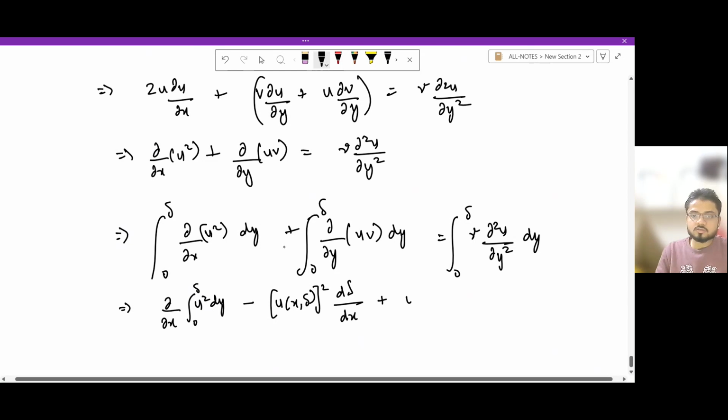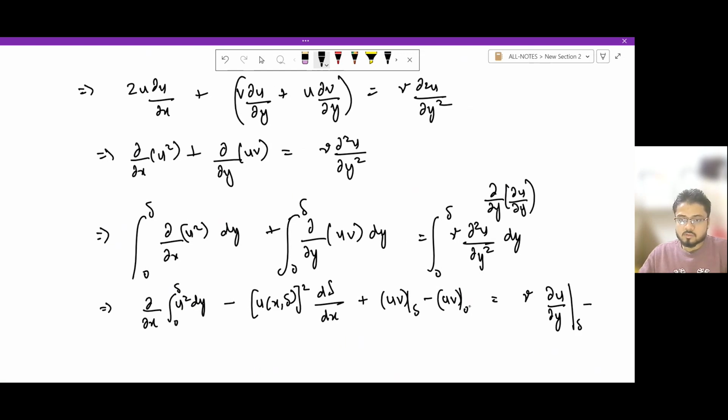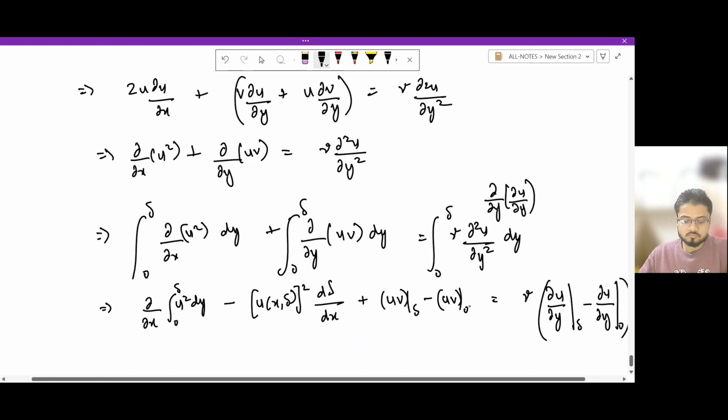And this becomes uv at delta minus uv at 0, and this is del over del y of del u over del y. So this is easy to write: del u over del y at delta minus del u over del y at y equals 0.